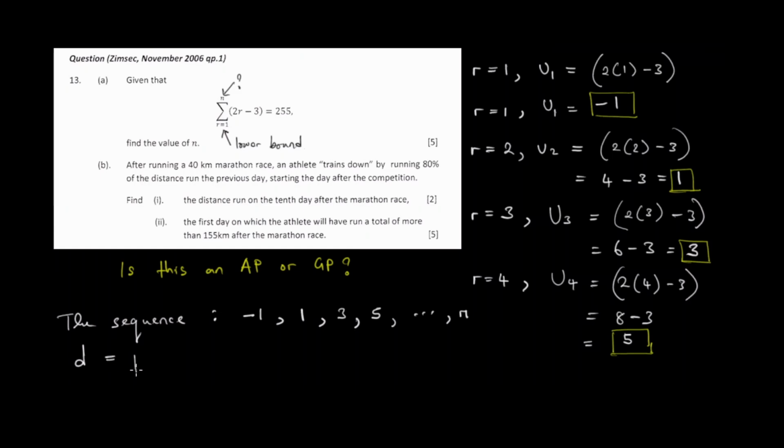Tikataura kuti d iri equal to proceeding term minus preceding term, it's important kunyora zvima statement izvozvo. Proceeding term zorova term iri kumberi, preceding term zorova term iri kumasure.